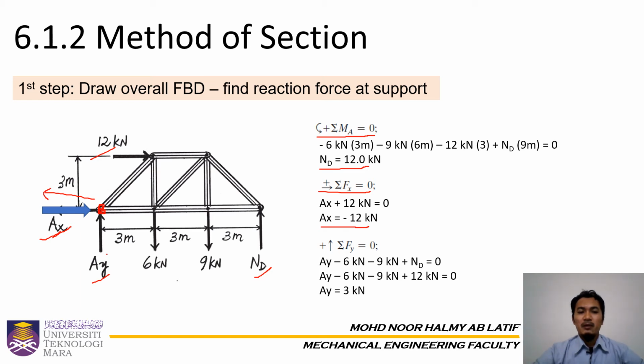To find AY, we can use summation of force in Y direction, which we have AY minus 6 kilonewton minus 9 kilonewton plus ND, and we're going to get AY is equal to 3 kilonewton upward.